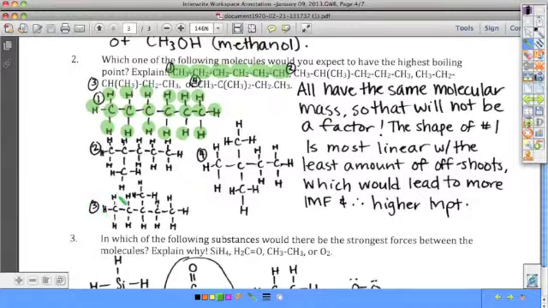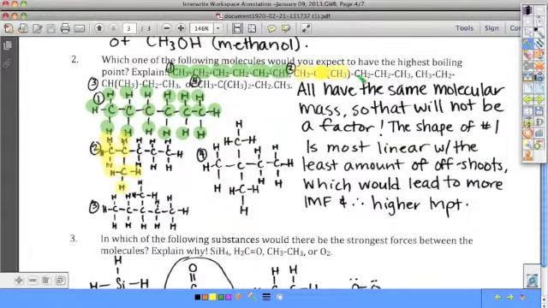Our next one is very similar, but not quite the same. We know that it has the same number of carbons, same number of hydrogens, but we start out the same way, CH3, so C with 3 hydrogens attached to it, and then we have a CH, and attached to that CH is a CH3.